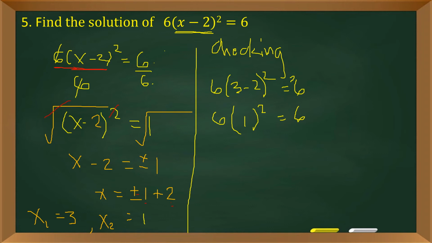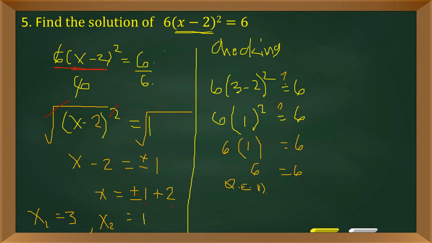Masyado malayo na. Checking. But 6 times 1 squared. But 1 squared is 1 is equal to 6. And 6 times 1 is 6. So 6 equals 6, which is Q, E, D.